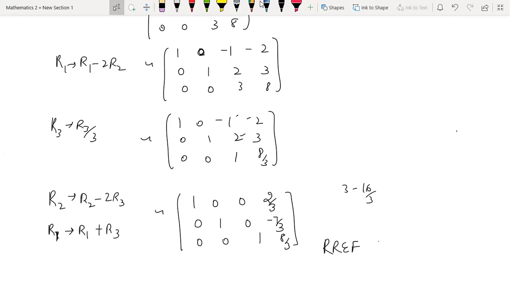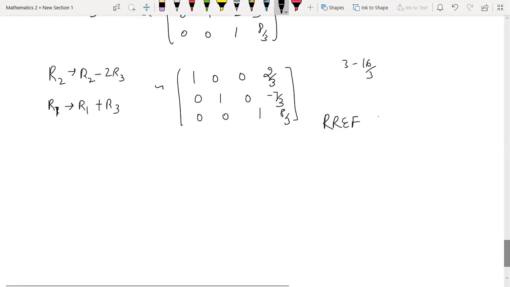Once you get the row reduced echelon form, to find the solution back you write it in the original form. What was your original system? Your original system was Ax equal to 0.